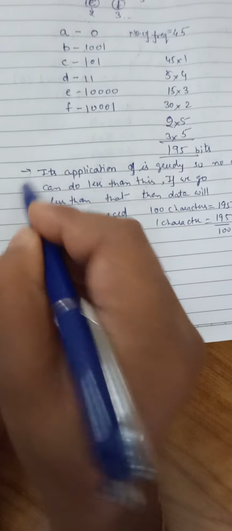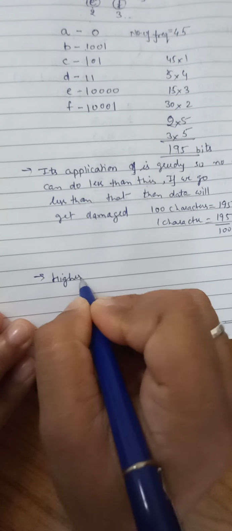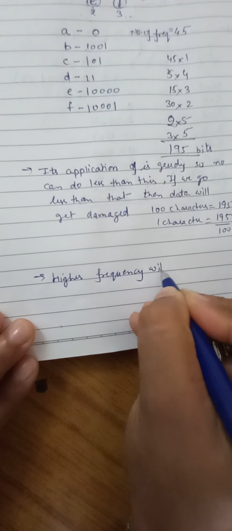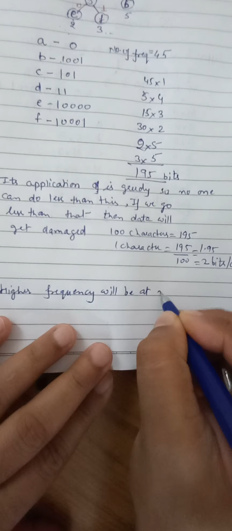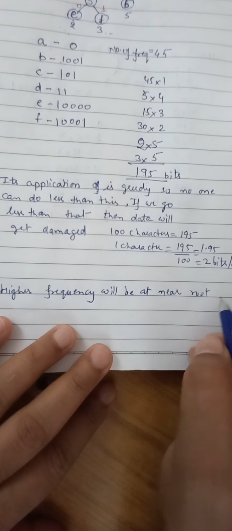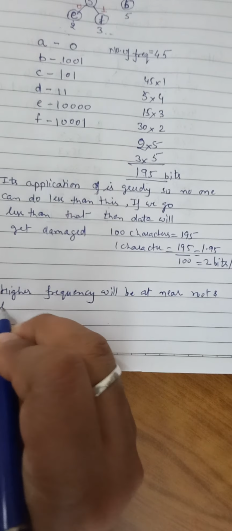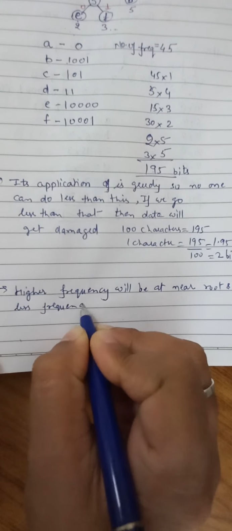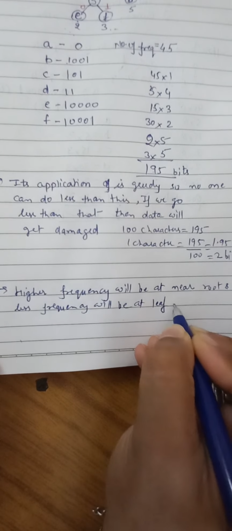We have also seen here that the higher frequency will be near the root, and the lower frequency will be at the leaf node.